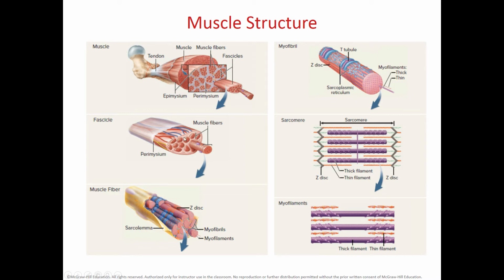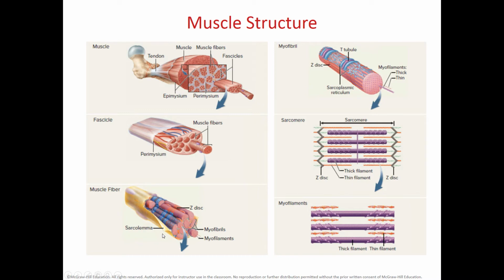And then inside this fascicle, we have muscle fibers, individual muscle fibers, which is this one that has been telescoped out. The muscle fibers are surrounded by the endomysium, and inside the endomysium, you have the plasma membrane that is called sarcolemma. Now, the endomysium, as you can see, is not labeled here, but it's not the same as the sarcolemma.